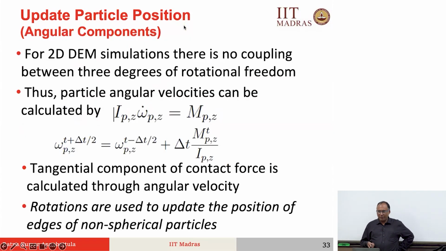Okay? So from the particle angular acceleration you can calculate angular velocity, and then from there you can calculate angular displacements exactly the same way that we have done. Okay? And for non-spherical particles, this can be a little tricky because then you need to rotate the particle orientation also, because a spherical particle, in whichever way it is rotated, is the same.